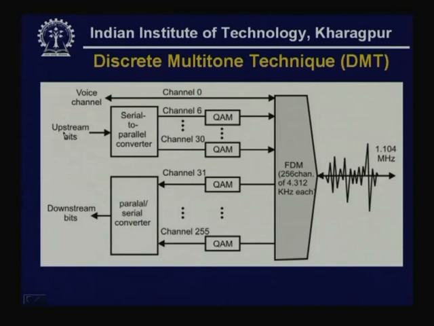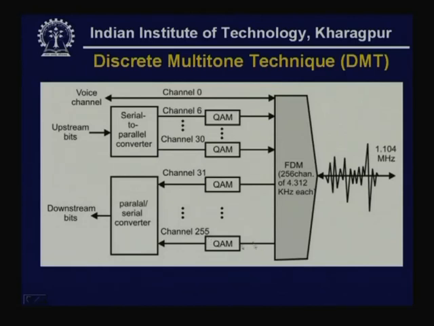So, upstream bits are coming, and which is converted into 24 channels, and each of the channels is encoded by using QAM, 15 bit QAM, and each of them is connected to a FDM multiplexer, frequency division multiplexer. And similarly, the downstream signals, there are 31 to 255 channels.